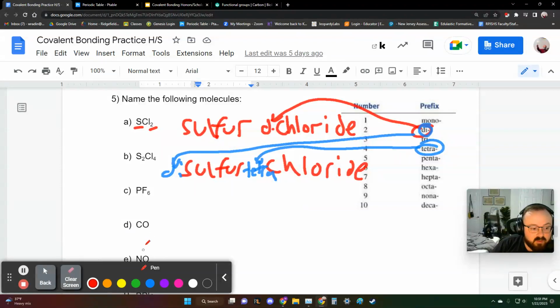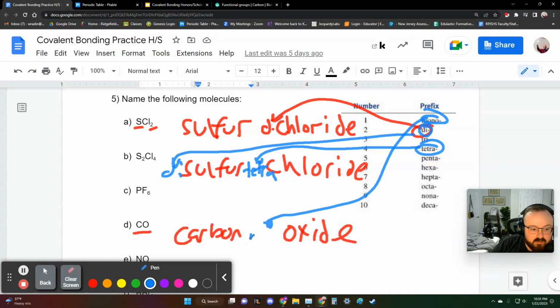You know, you have an example like here, where you have CO. We're going to take our first element, which is carbon. And we're going to take our second element, which is oxygen, give it that ide ending to call it an oxide. There is one atom of carbon, so we do not need a prefix, but we need the mono over here, and we're going to write monoxide.